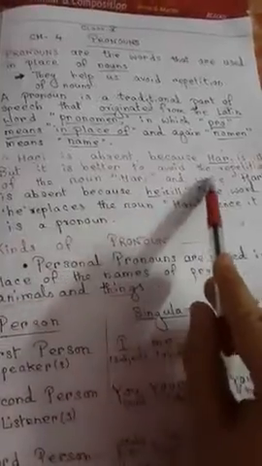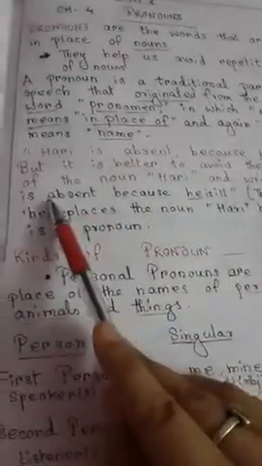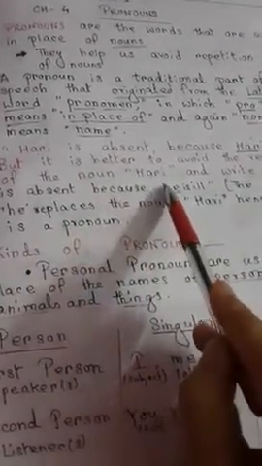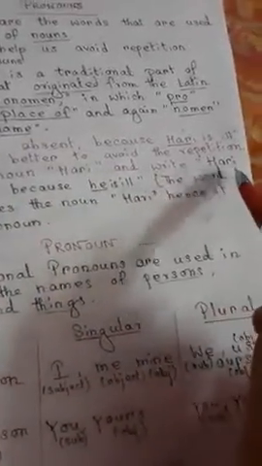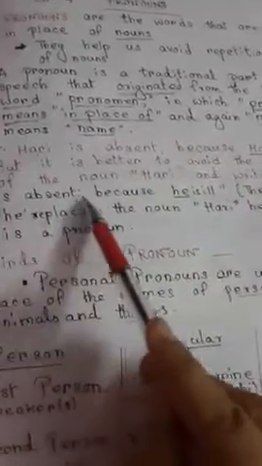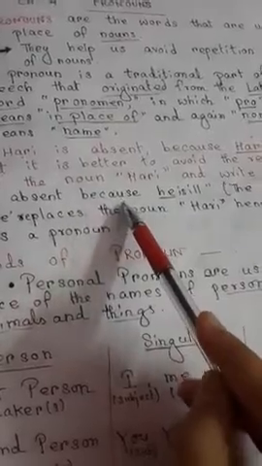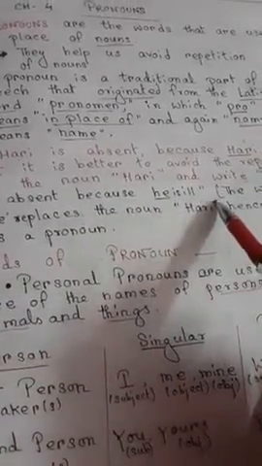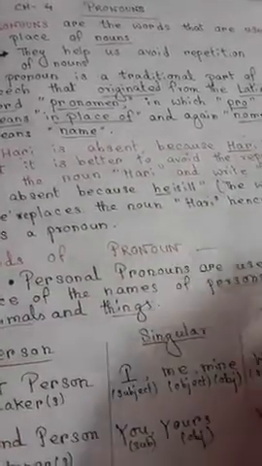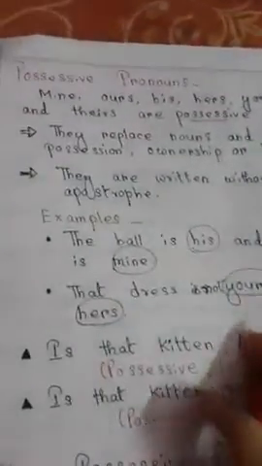But it is better to avoid the repetition of the noun Hari and write Hari is absent because he is ill.